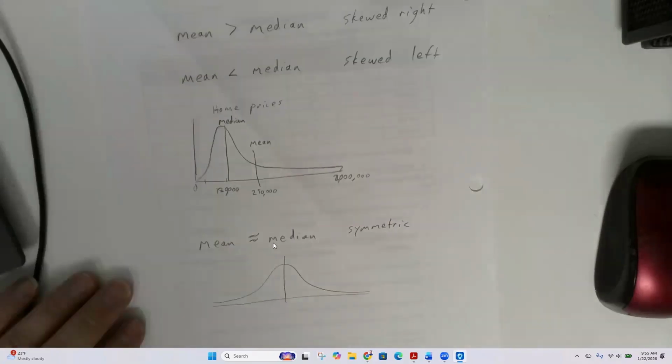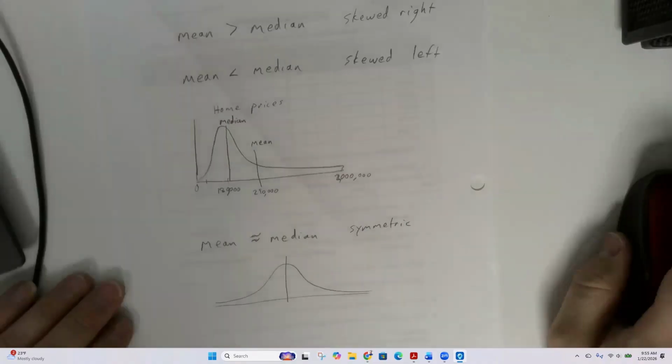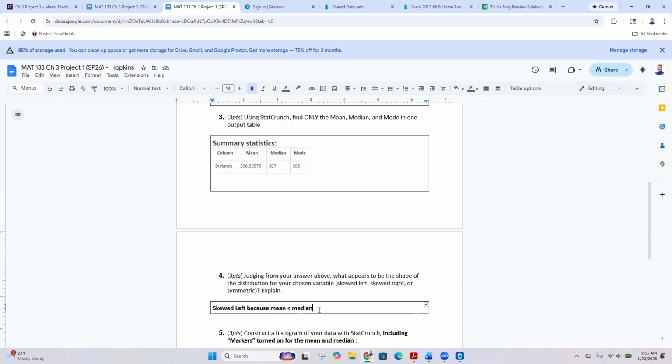Do a squiggle equals. So in my case, I'm going to call this symmetric because the median and mean are very close to each other.